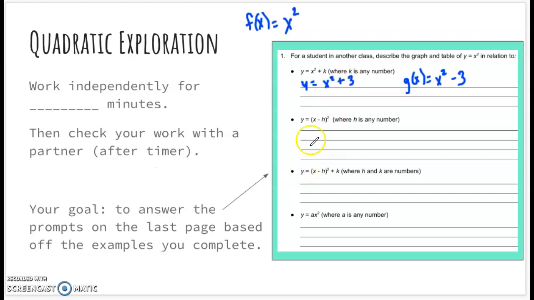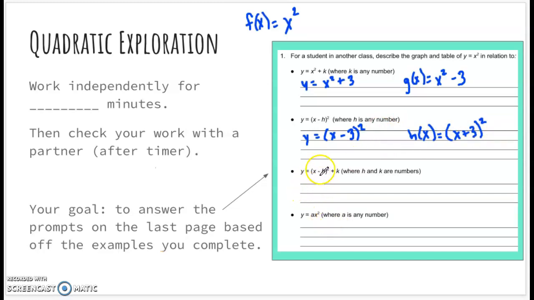Do the same thing, except test out y equals x minus 3 inside of parentheses squared, and then maybe test out h of x equals x plus 3 inside parentheses squared. See what's happening in each of those situations.